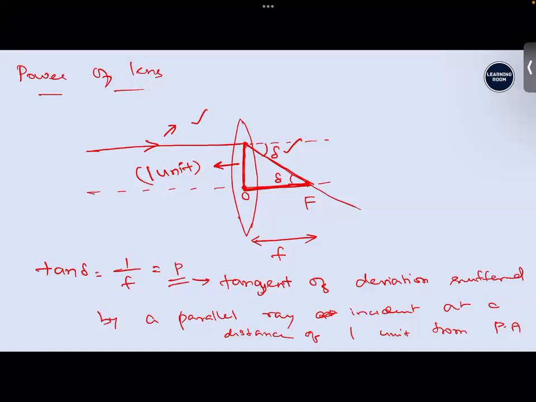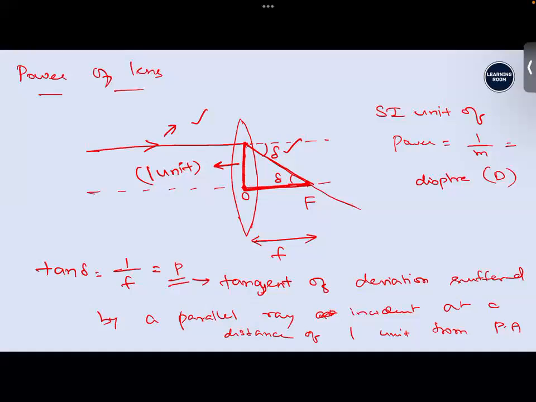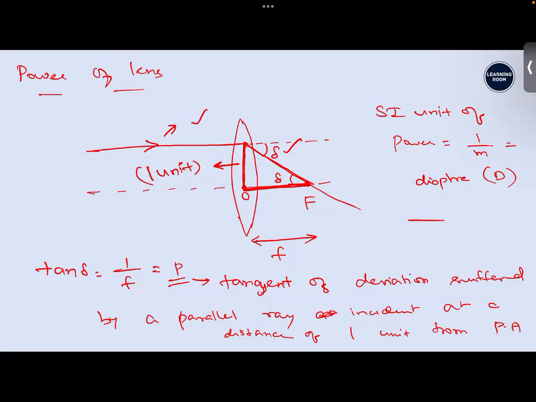Okay. So what is the SI unit of power? 1 by meter, or it is mainly called diopter. So if you measure the focal length in terms of meter, you write it as 1 by f, and the unit comes out to be diopter. Whereas if you write the focal length in terms of centimeter, then what should you put in the numerator? You'll put 100.